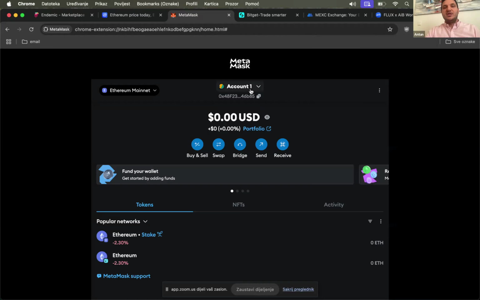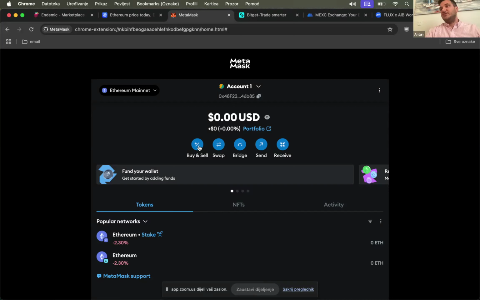In our case here, this is a regular wallet. We haven't put anything on it. You have different options. With some wallets, like MetaMask, for example, you can directly buy and sell certain cryptocurrencies. MetaMask as such is not an exchange, but it is integrated with different exchanges.